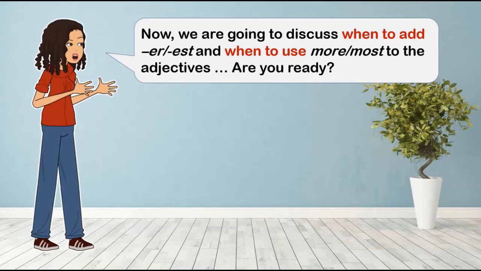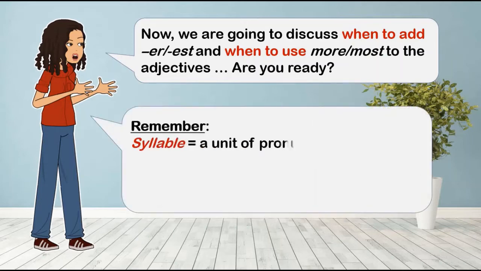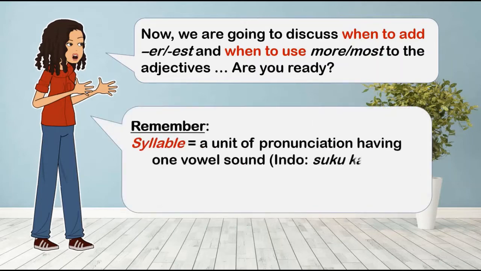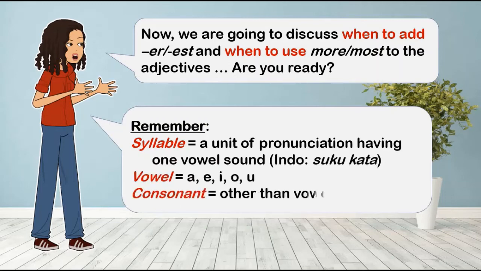Alright, now we are going to discuss when to add the er or est and when to use more or most with the adjectives. Are you ready? Right, before that, I need you to remember these terms before we move on. First one is syllable. Syllable is a unit of pronunciation having one vowel sound. For example, remember, you have 3 syllables.